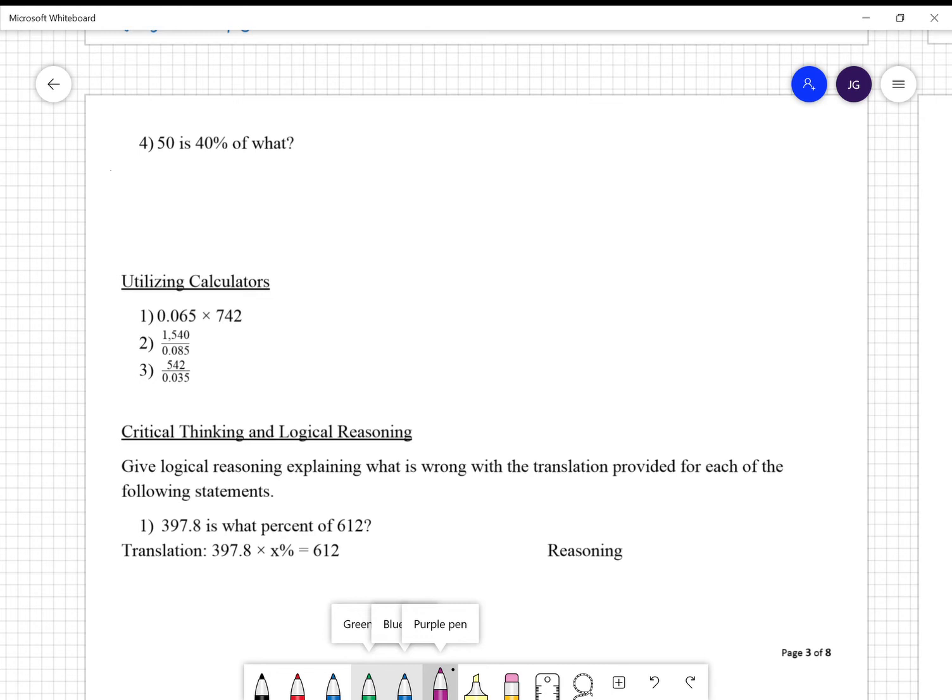The equation would be 50 equals 40% as a decimal, 0.40 times x. If I use the box method, it would be 50, 40, 100, x, which would give me 5,000 equals 40x.